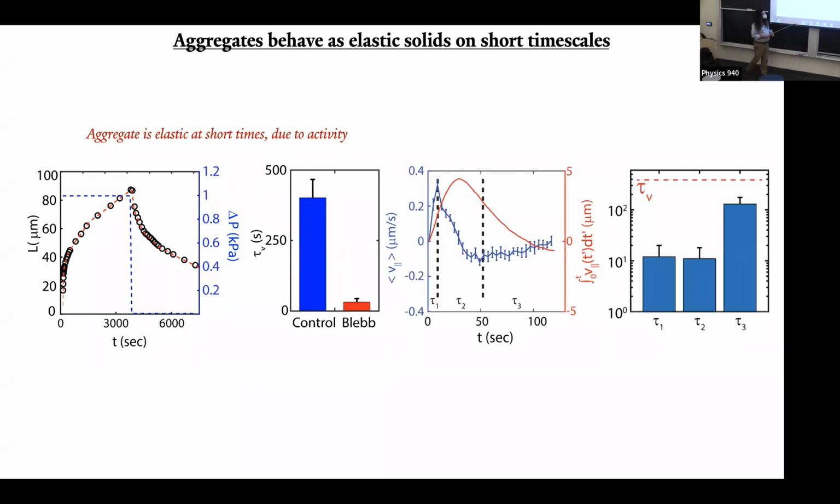But now, if we compare each of these time scales, the initial relaxation, the reversal, even the slow return to the original configuration, on average, all of those time scales are shorter than the viscoelastic time scale. So that would actually suggest that for those motions, the aggregate is elastic. But of course, we only understand Marangoni flows for fluids. But it seems to be happening in an elastic solid.